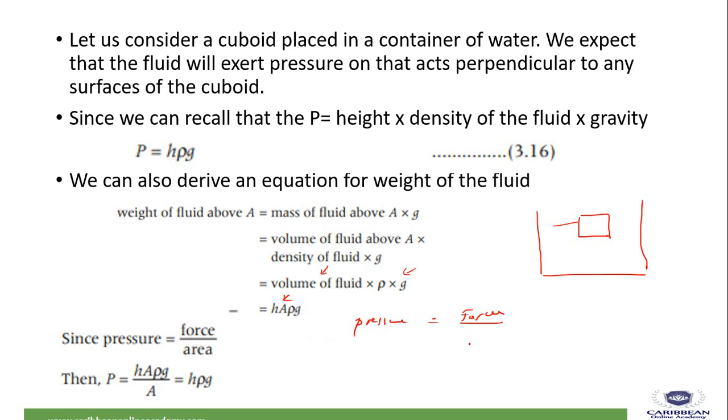What we're really doing here is deriving the pressure formula. So if you were ever given a scenario where you need to derive how we get that pressure is equal to height times density times gravity, this is where it is coming from.